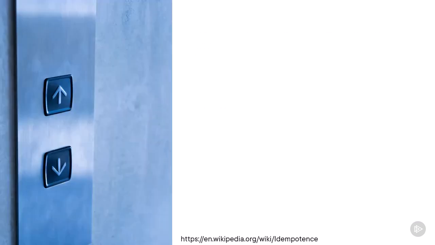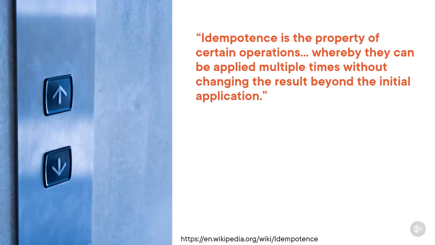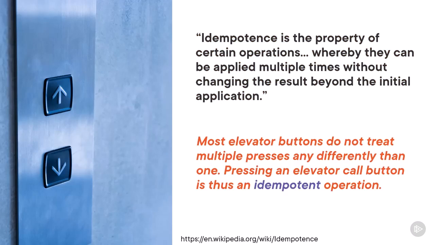Wikipedia states that idempotence is the property of certain operations whereby they can be applied multiple times without changing the result beyond the first application. A good example of this property in the real world is elevator call buttons, which typically do not behave any differently if you press the button once or many times, even though sometimes it is satisfying to do so when you're in a hurry.